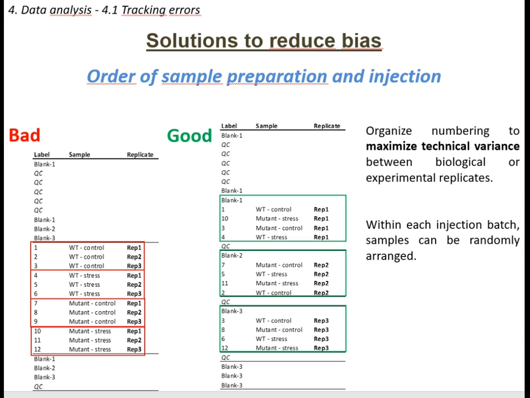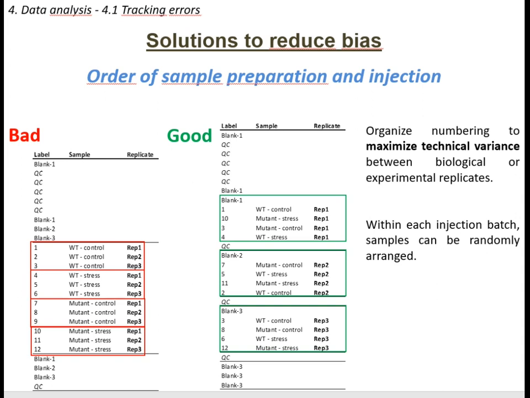A good way to do it is to separate your replicates, and within each replicate use a random disposition. And in between every replicate, inject a QC so that you can correct the drift of the machine. This is very important; in fact, it's a major source of error, and it's something that is bothering everyone because you need to make a statistical correction.